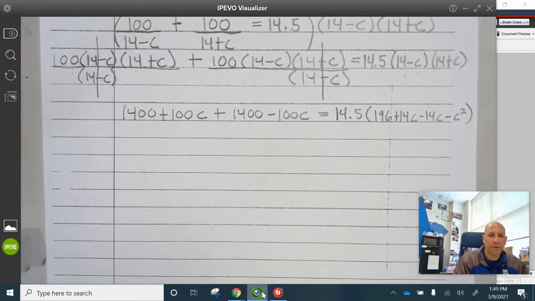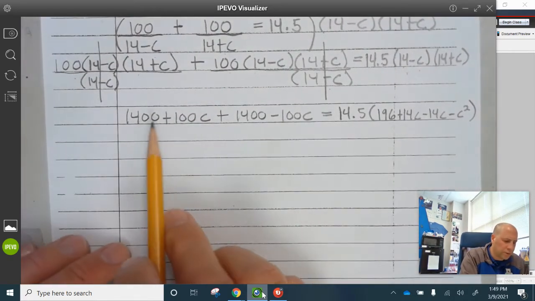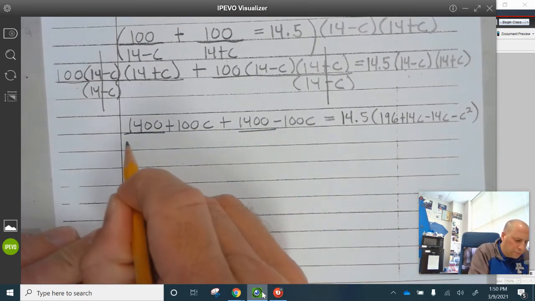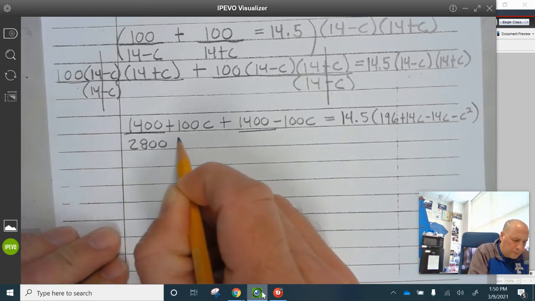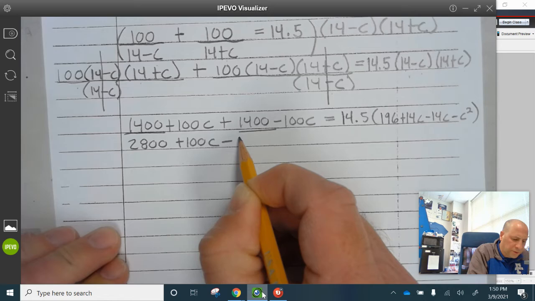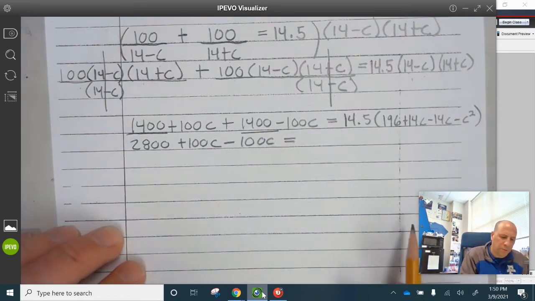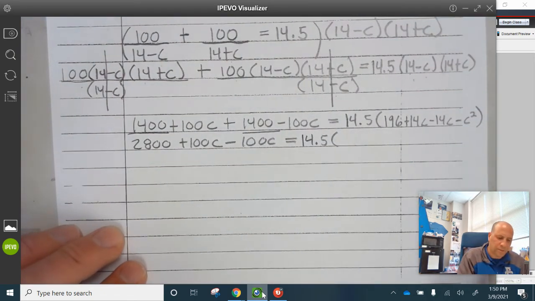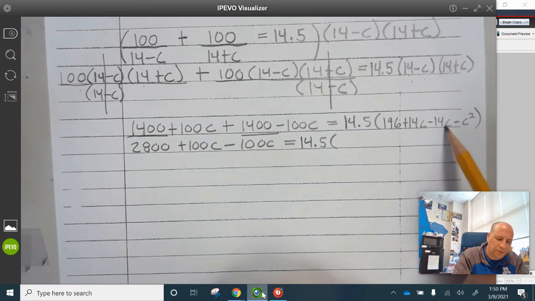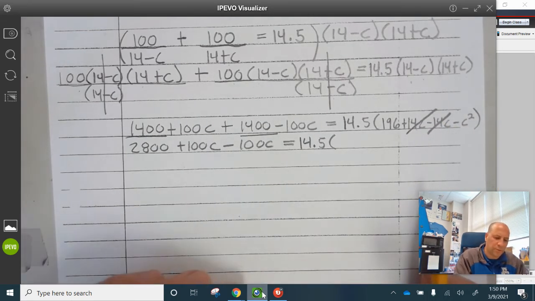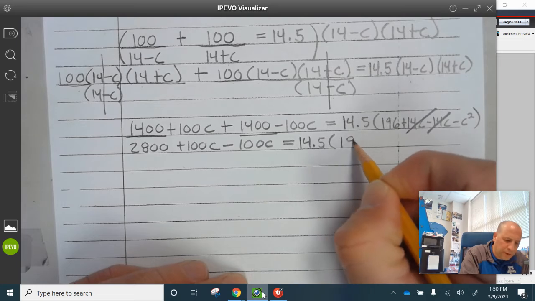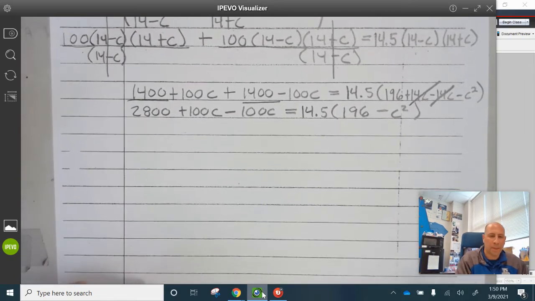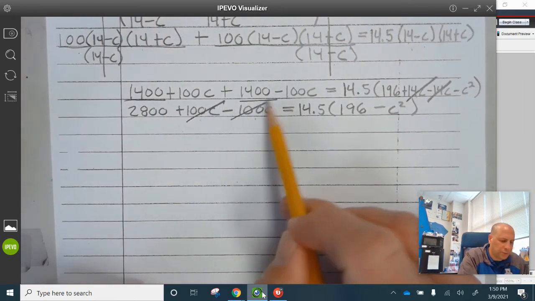Now we have a couple things that cancel. So let's rearrange things. We have 1400 plus 1400 is 2800, plus 100c minus 100c equals 14.5 times. Actually, we can cancel this here: 14c minus 14c cancels. So we're left with 14.5 times 196 minus c squared. 100c minus 100c cancels.